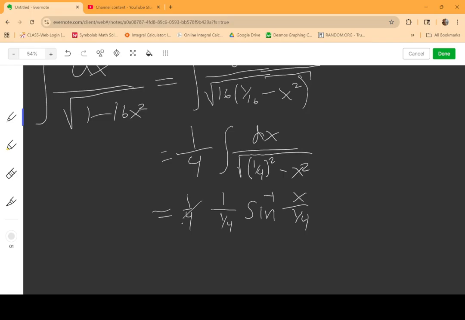Notice here these 1/4s simplify to 1. Again, don't forget the plus c. And we get sine inverse of 4x plus c. And that is how we use those formulas here.